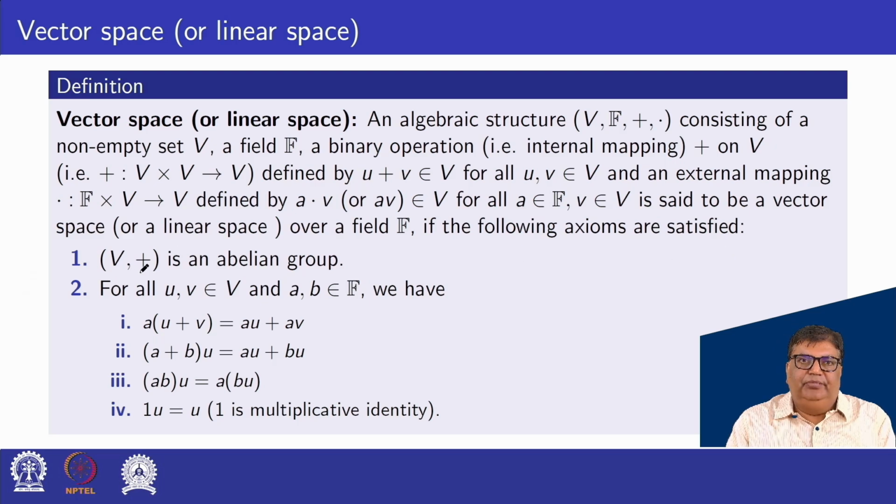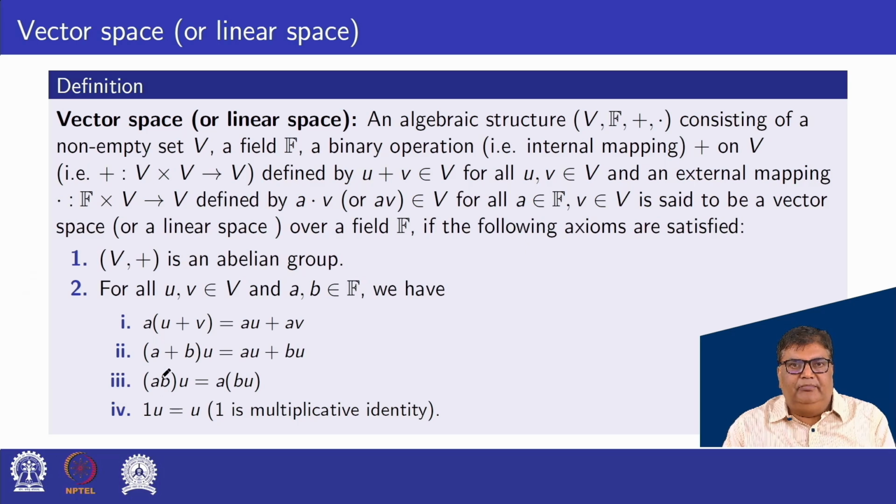First, (V, +) is an abelian group and the external compositions satisfy as follows: a(u + v) = au + av. Second, (a + b)u = au + bu.